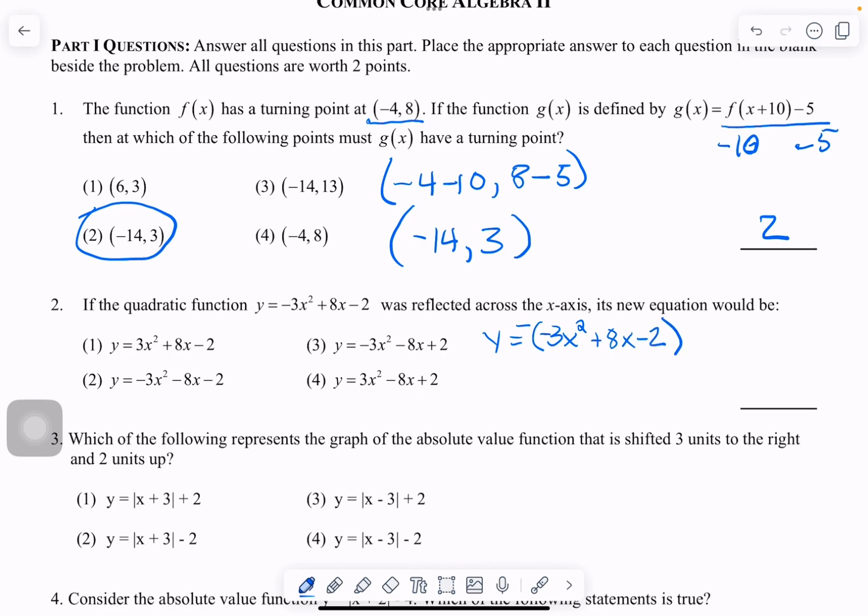If we distribute that negative, we get the reflection in the x-axis: x squared minus 8x plus 2. So all the signs change when we do a reflection in the x-axis of a parabola. So this is choice 3.